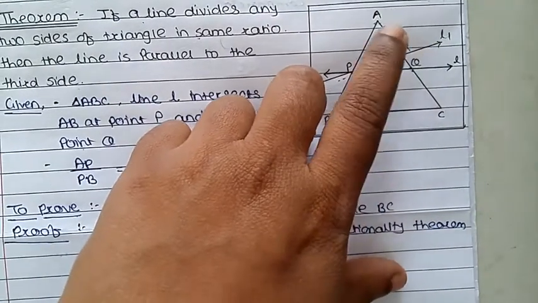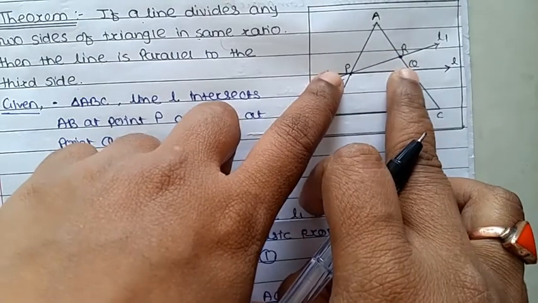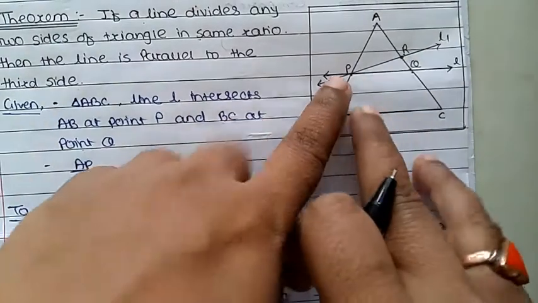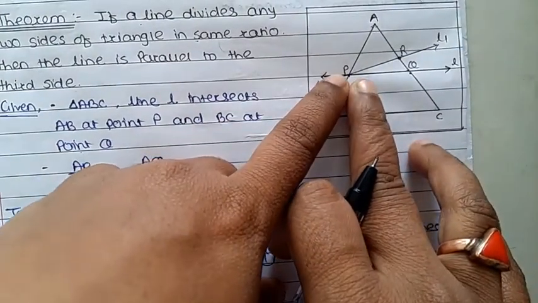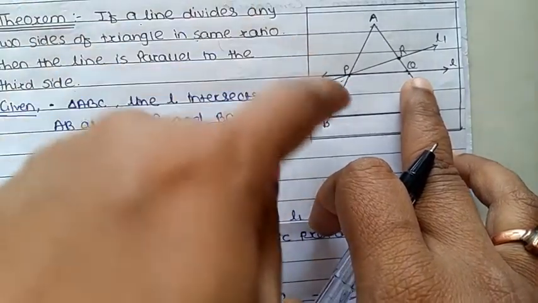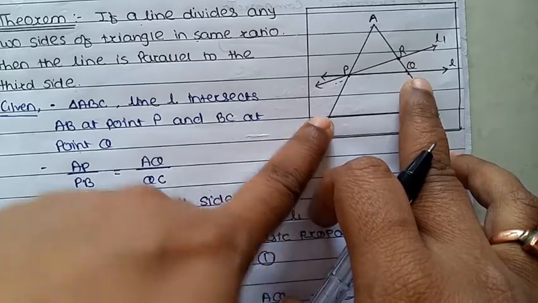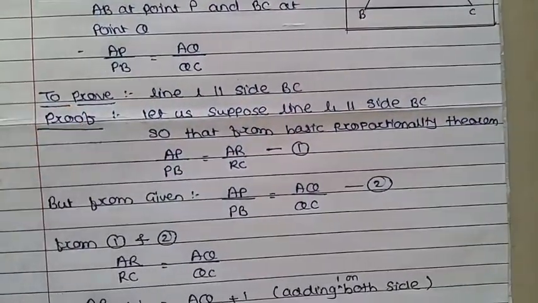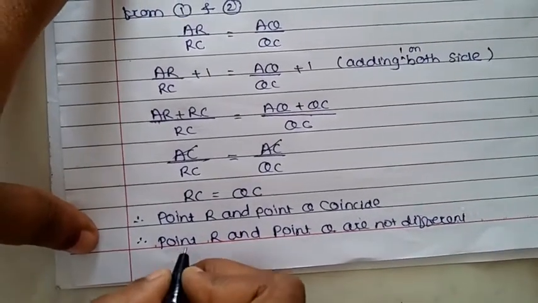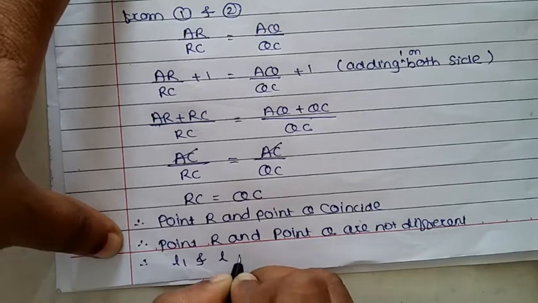So if this point R is equal to Q, and a line is drawn from two different points, if my line passes from P to Q and Q is equal to R, then we can say that L1 and L are the same line. Therefore L1 and L are the same.